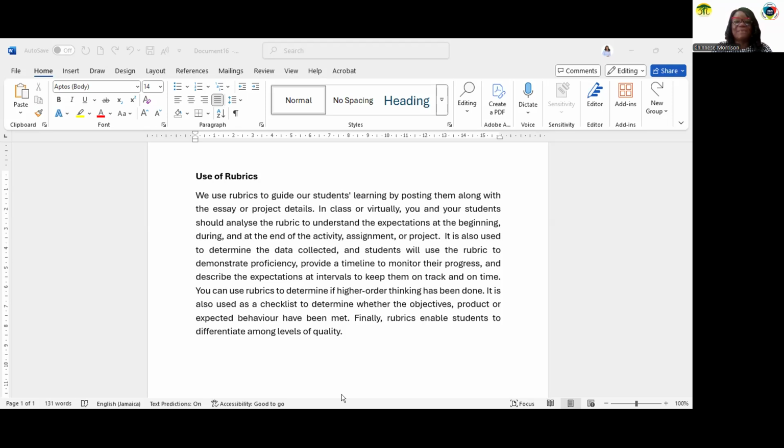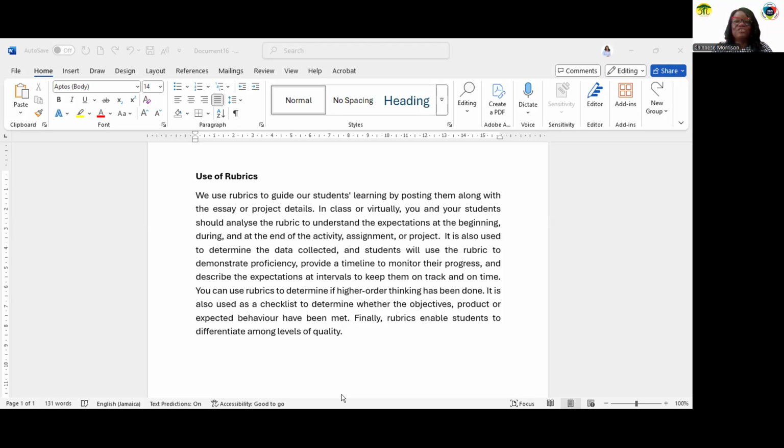It will describe the expectations at intervals to keep them on track and on time. It will help them to understand what is expected of them based on the prompt or the instruction that is given, because the rubric will break it out in different levels, showing when persons are actually giving higher order thinking and being proficient at what they are doing.